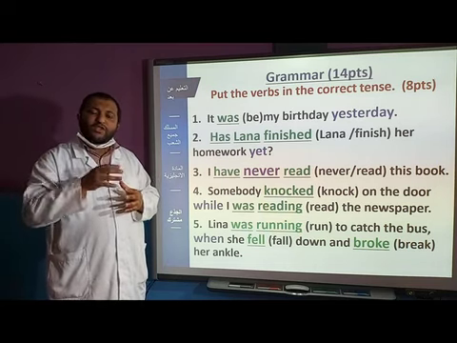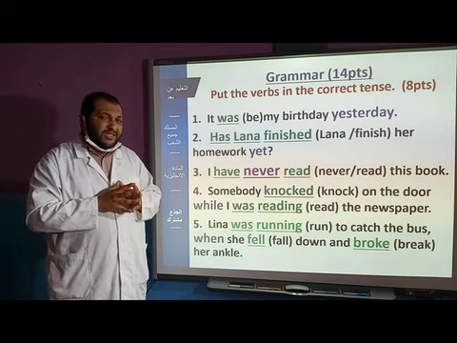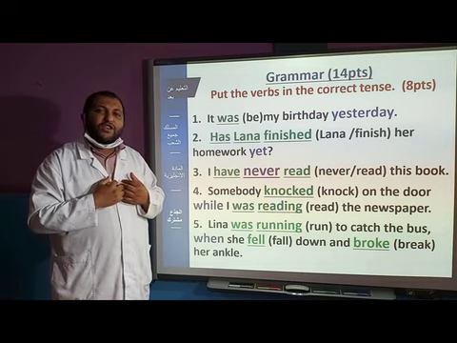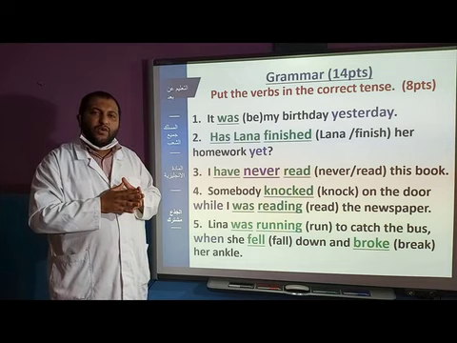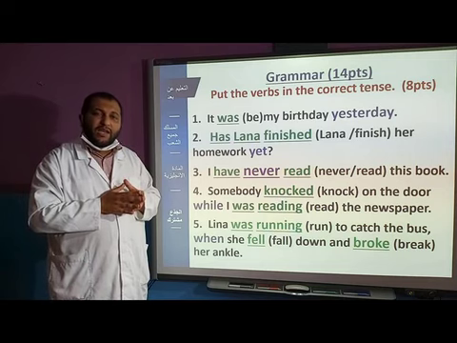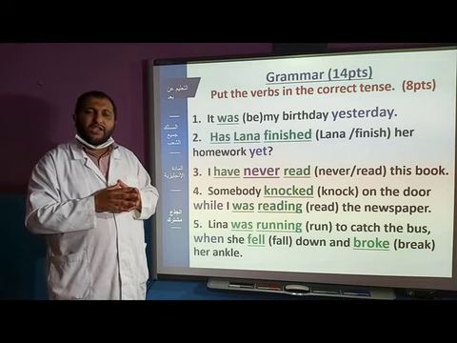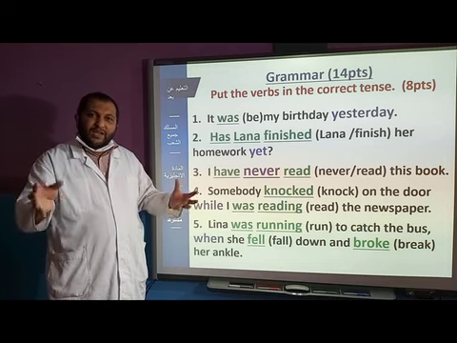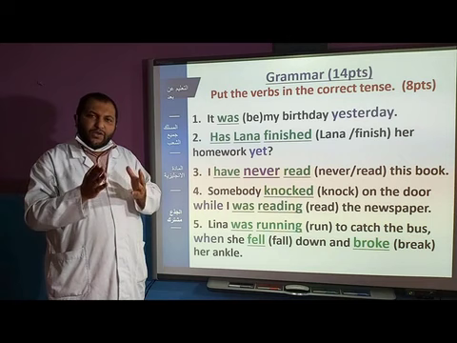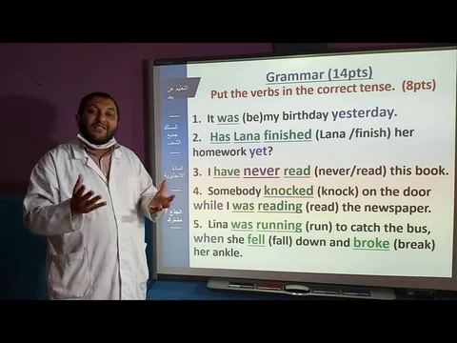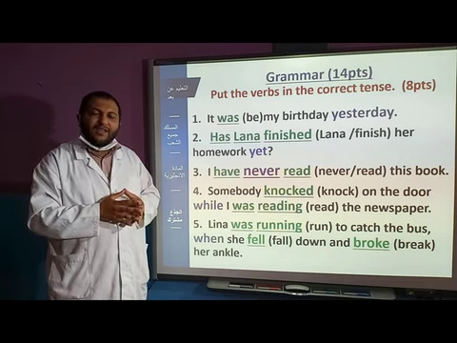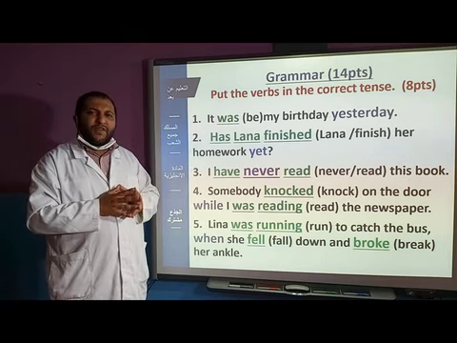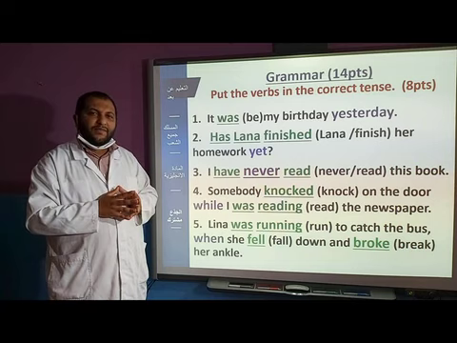So we use was with which subjects? Yes, I was, you were, he was, she was, it was, we were, you were, and finally they were. That's it. It was my birthday yesterday.